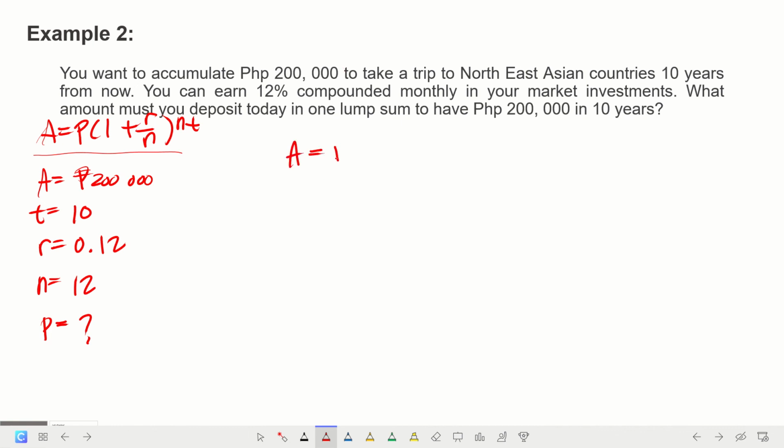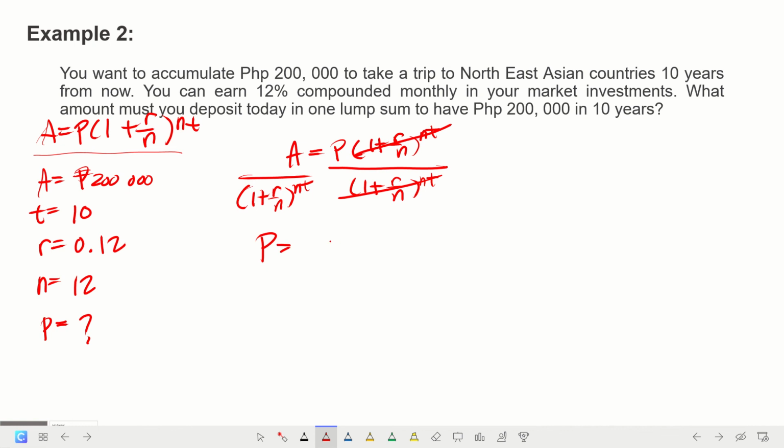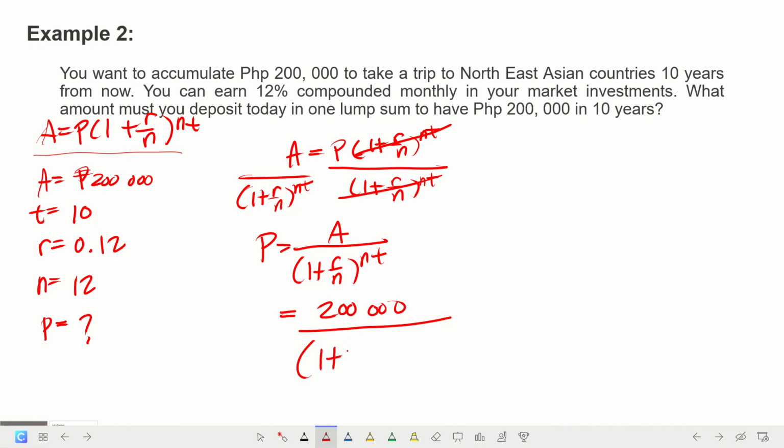So, A is equal to P times 1 plus R over N raised to N times T. So, para ma-eliminate natin to and then ma-isolate si P, divide both sides by 1 plus R divided by N raised to N times T. So, P is equal to the accumulated amount divided by 1 plus R divided by N raised to N times T. So, A is equal to 200,000, R is equal to 0.12, N is equal to 12, and T is equal to 10 years.